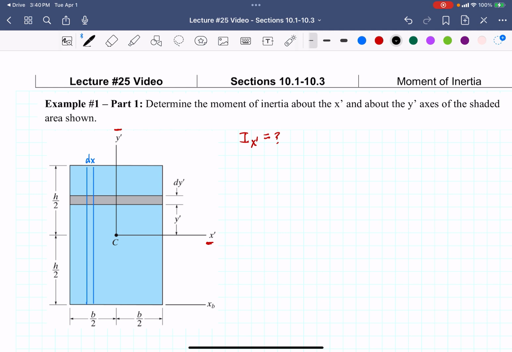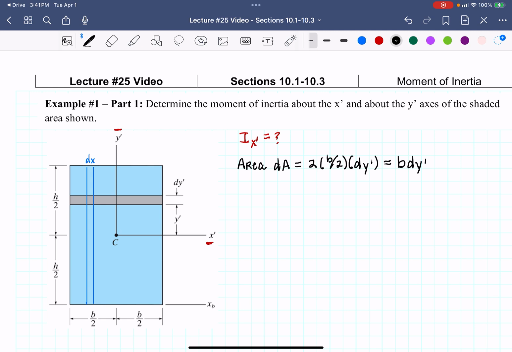So we are looking for what I of x prime equals. I've got a strip already determined. I'm going to use this gray strip because I'm looking for the x-axis, so I want to choose a strip parallel to the x-axis. So the area of my strip is equal to dA, and that is equal to 2 times b over 2, so it's basically b, the length of the base, times dy prime, which is the same as b times dy prime.